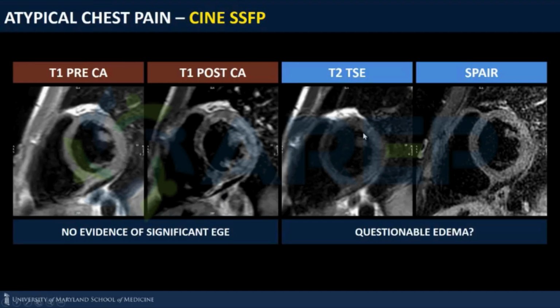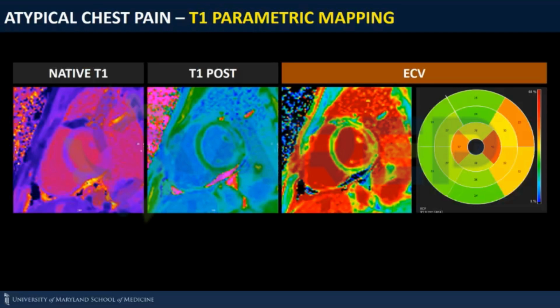When we look at T2, no real area of significant abnormality. This is fat that we see. Maybe you can say that there's a little bit, but it's very questionable. Same thing on this particular technique, which is called a SPAIR. This is also a T2 weighted sequence. So with this, we're characterizing the myocardium with multiple techniques, but not really seeing any changes.